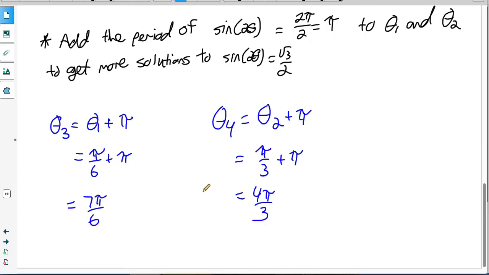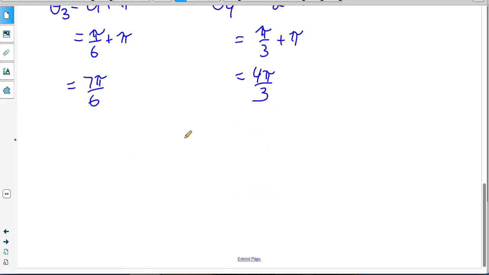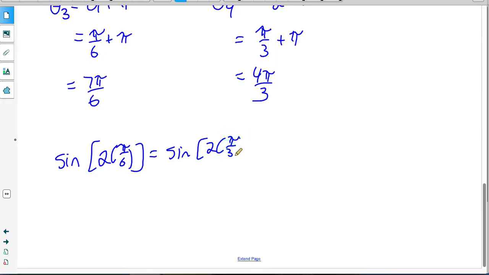So let me just summarize what we have figured out here. We have figured out that sine of 2 times pi over 6 is equal to sine of 2 times pi over 3. Right, pi over 6 and pi over 3 were my first two answers for theta.